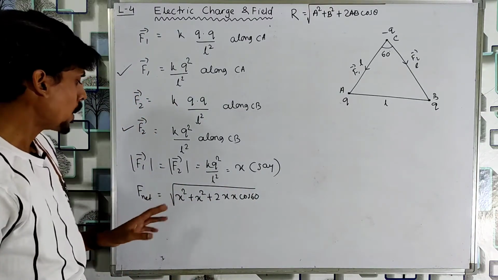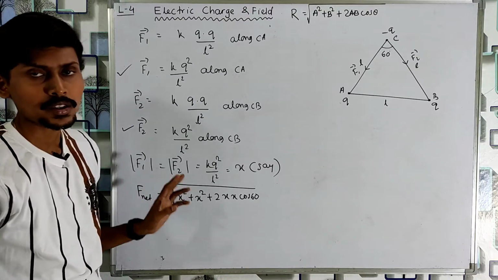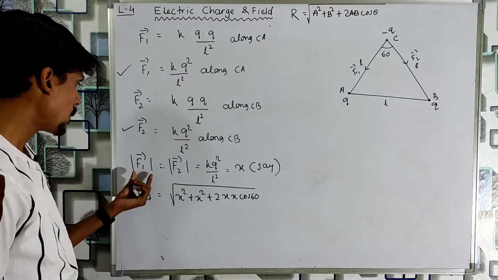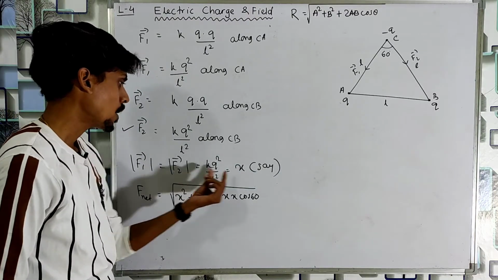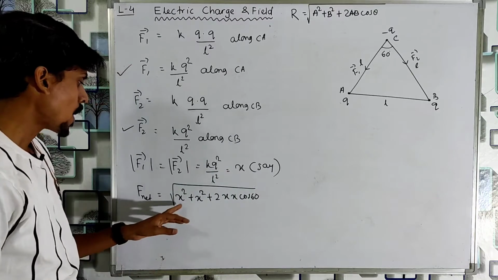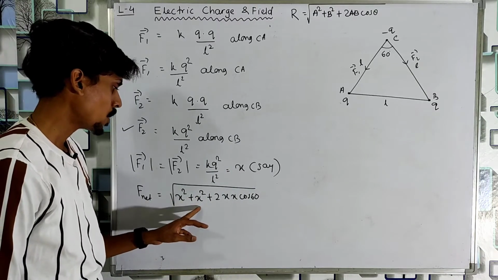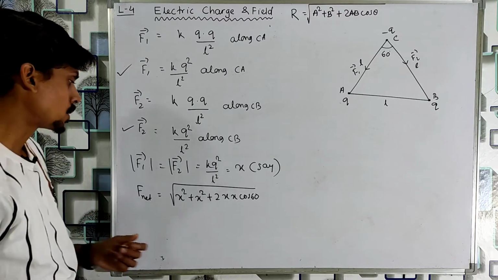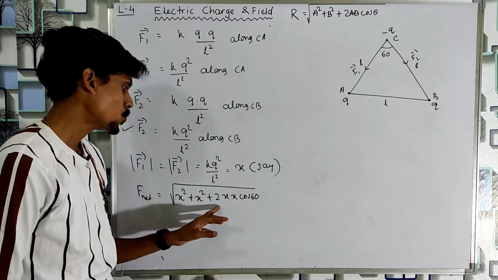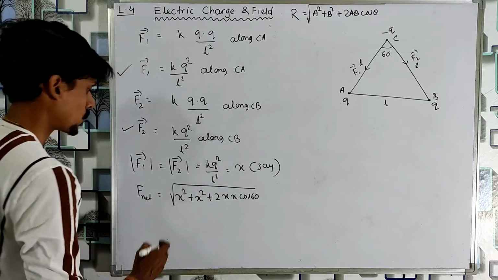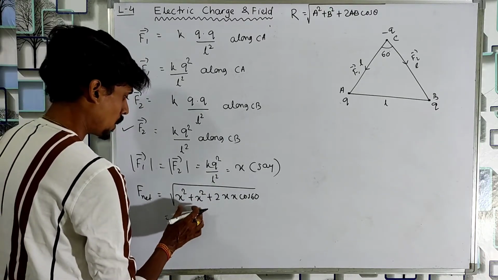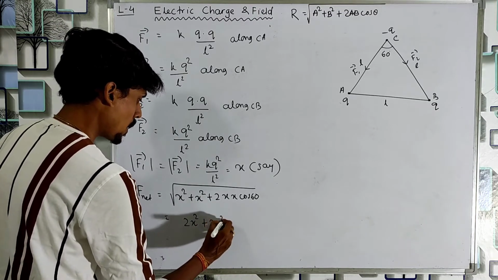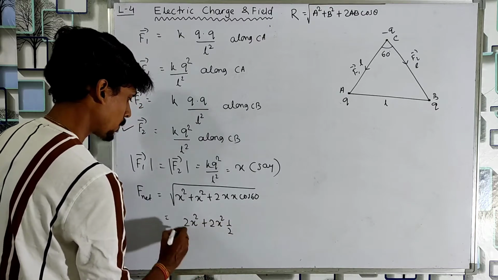So the formula is F net equal to the square root of F1 square plus F2 square plus 2 F1 F2 cos 60, but F1 and F2 have the same value, which I have taken to be X. So in place of F1 I have written X, and in place of F2 I have written X. So this will be 2X square plus 2X square times cos 60, and cos 60 is half.